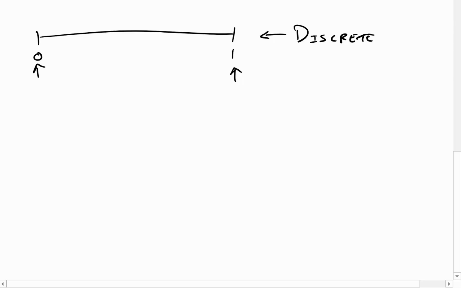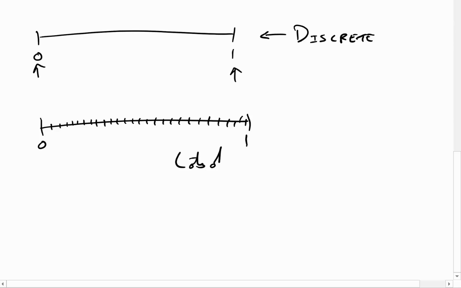Whereas with the continuous case, we're going to take lots of small, tiny little steps. The idea is that as we take more and more steps, we're effectively smoothing out a straight line, so we can move anywhere we like along it.